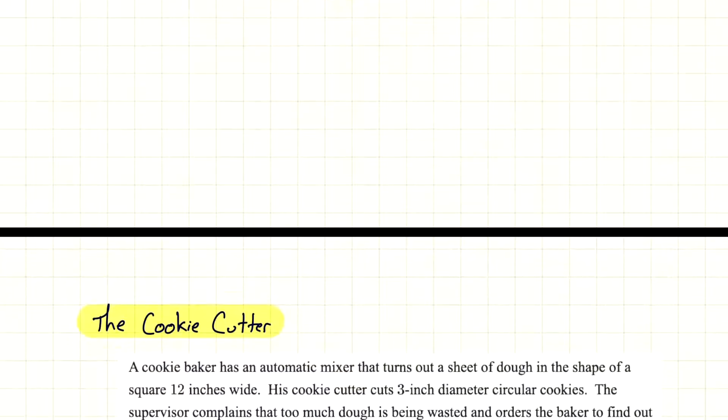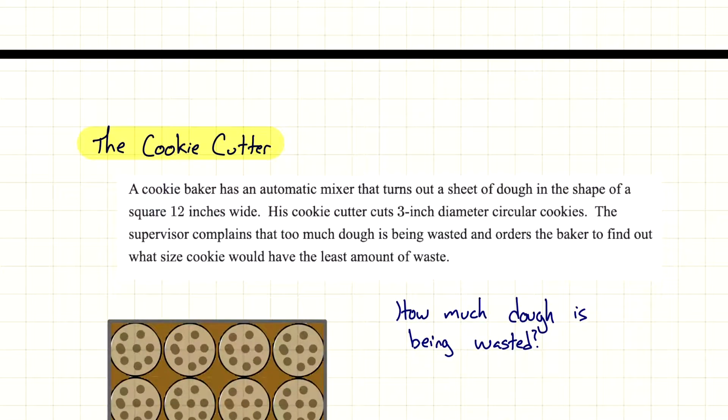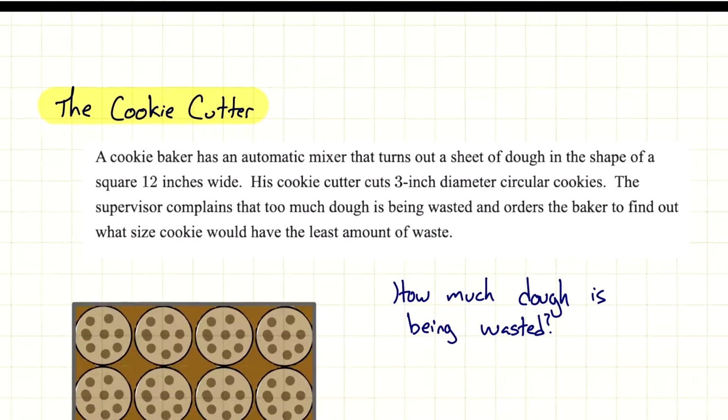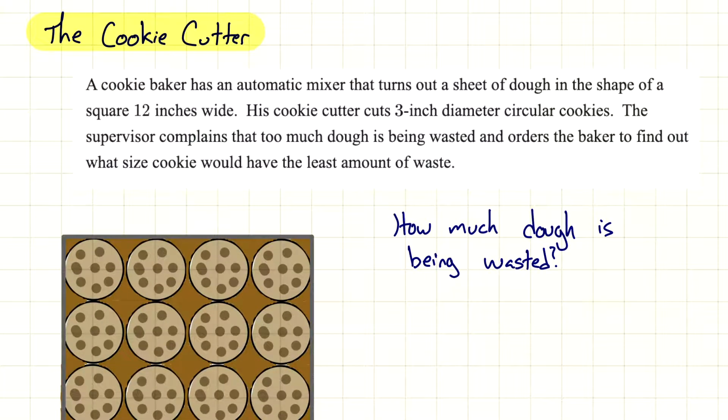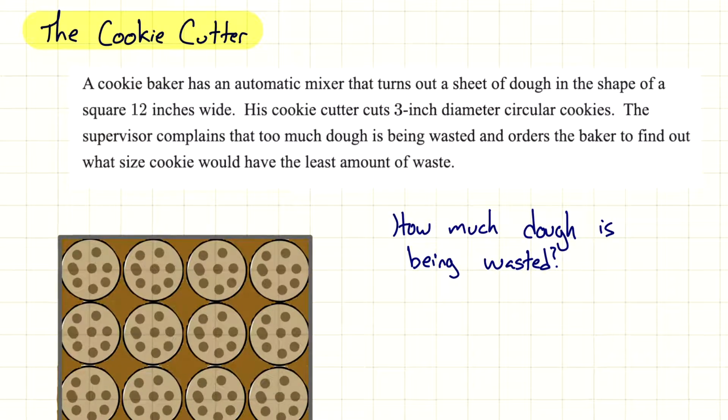All right, a second problem is our cookie cutter problem. So here we have a cookie baker. He has an automatic mixer that turns out a sheet of dough in the shape of a square. So he gets this whole complete sheet of dough in the shape of a square, and that square is 12 inches wide.